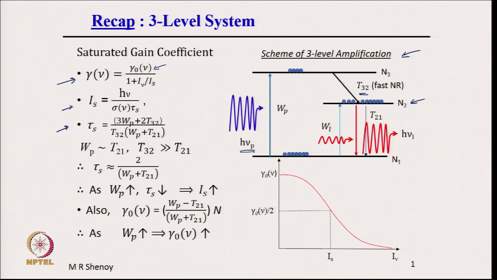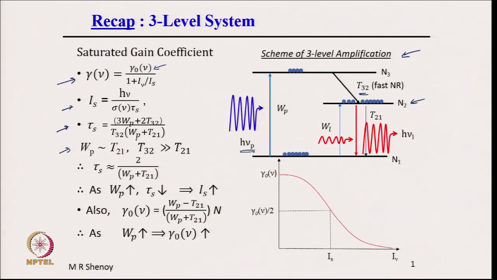Now, since T32 is much larger than T21, that is, T32 is fast and T21 is slow, we can simplify this further. Wp is of the order of T21. We have seen that at threshold Wp is equal to T21, and above threshold Wp may be slightly greater than T21, but it is of the same order as T21.